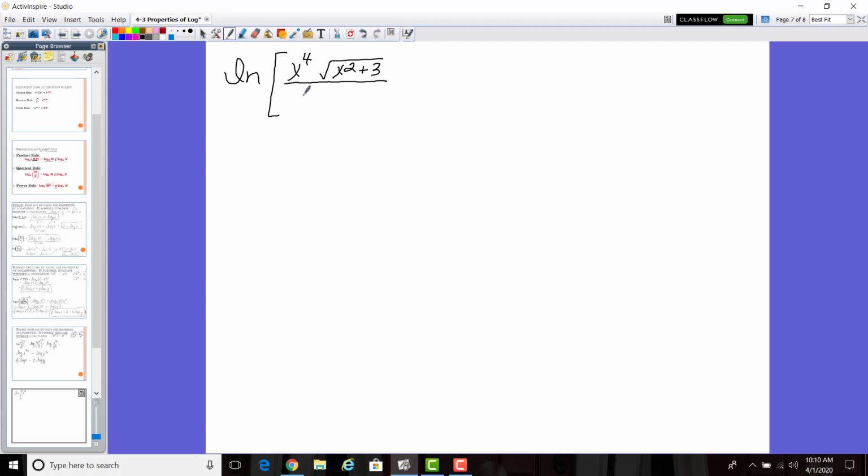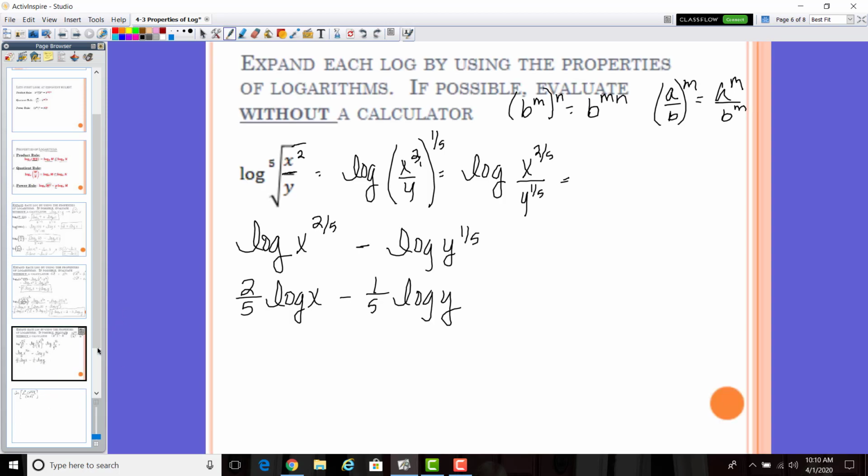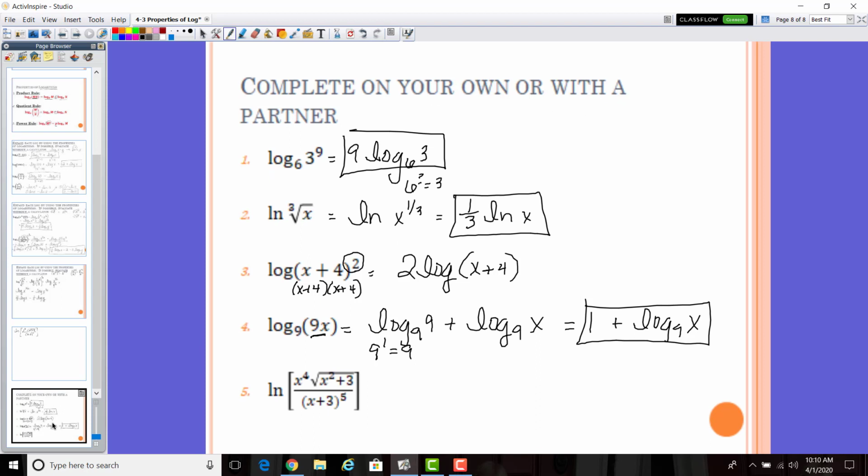That product is divided by the sum x plus 3 raised to the 5th power. Let me check to make sure that's the same here. Yep.